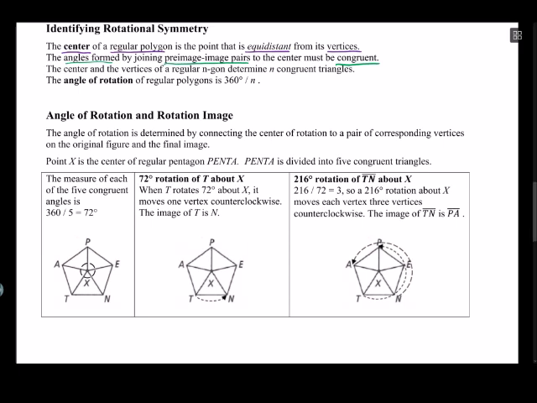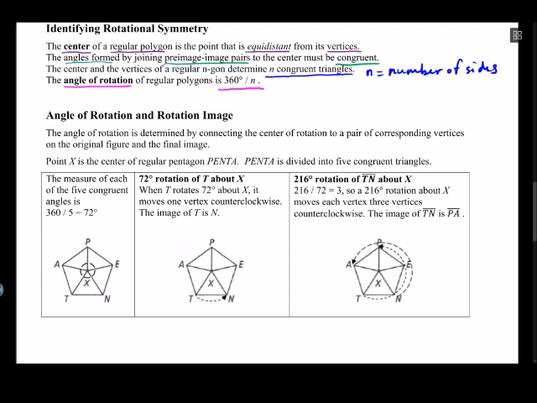The center and vertices form n congruent triangles, and n is just the number of sides of our regular polygon. And the angle of rotation of a regular polygon is just 360 degrees, because it's a circle, divided by the number of sides. So let's look at an example.